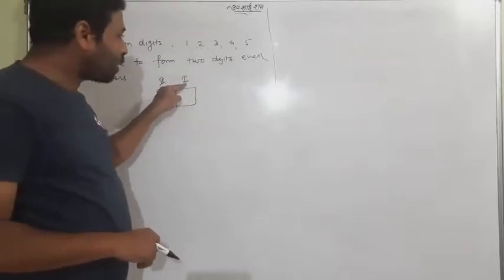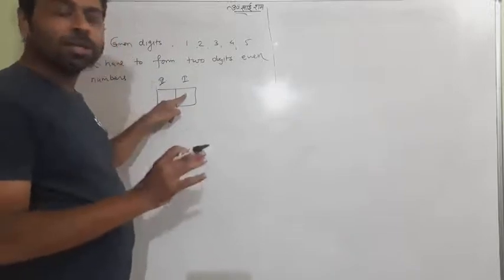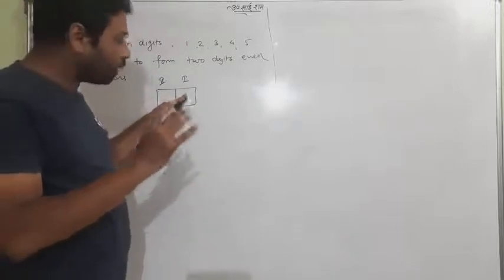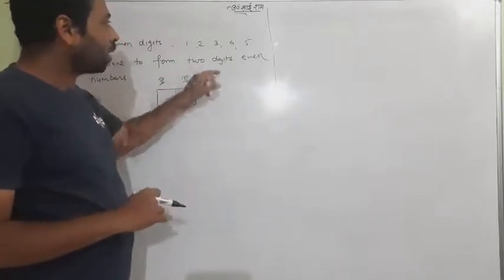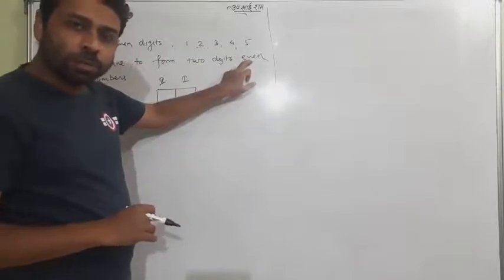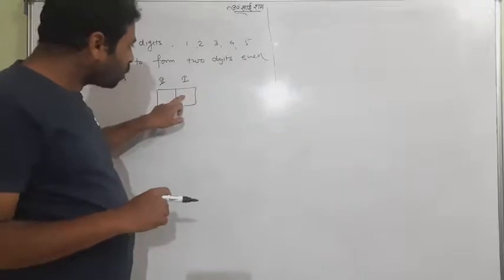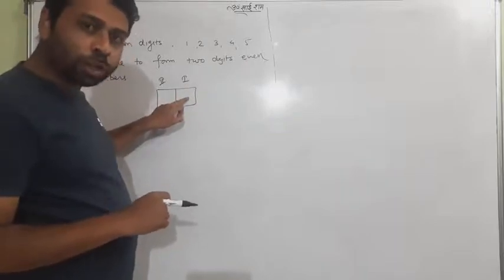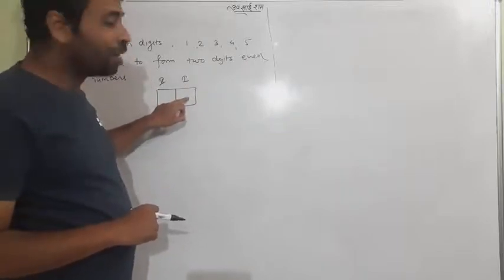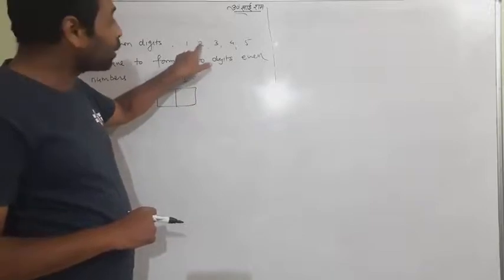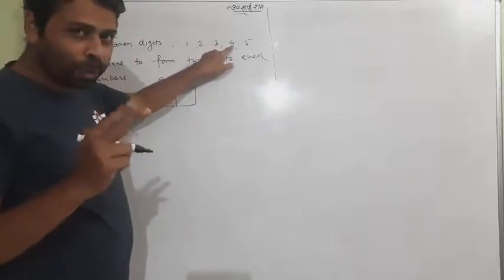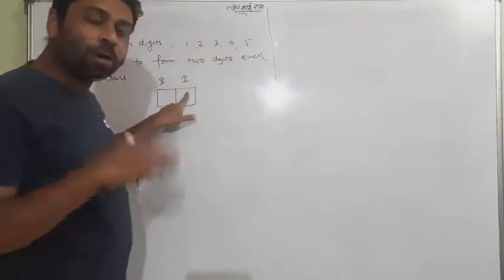So this particular first place depends very much on the condition that it is an even number. It's a restricted condition. So this first place, or ones place, can be filled just from 2 or 4, by 2 ways. Here 2 can come or 4 can come.